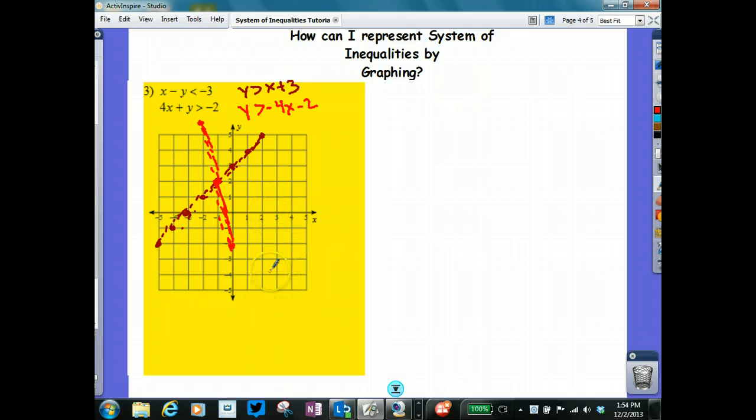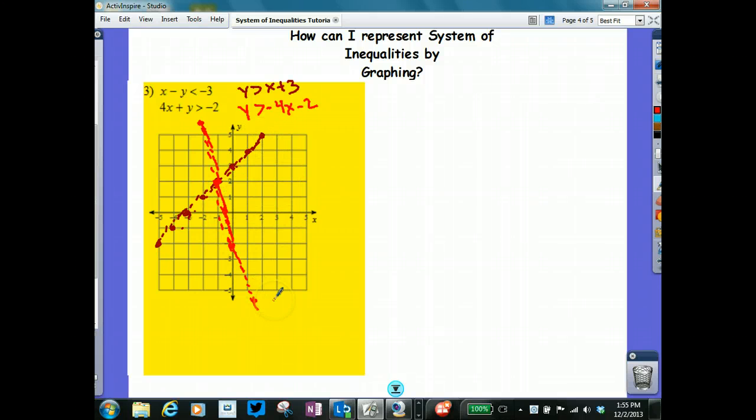So on here now, I've got to figure out where my solutions are going to be. As I look at it, let me do this one, because I want to be able to continue this on all the way out. Let's check this whole area.